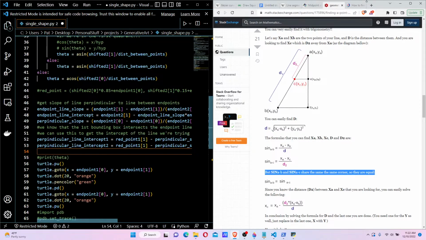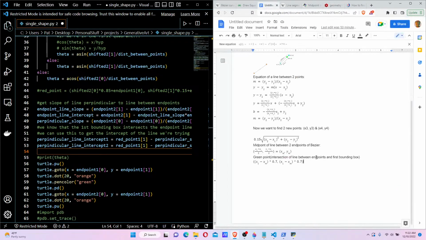So back to this, we can say that if we move, I'm just going to call this bounding box. So if we move a distance, I'm going to start at red point 1.